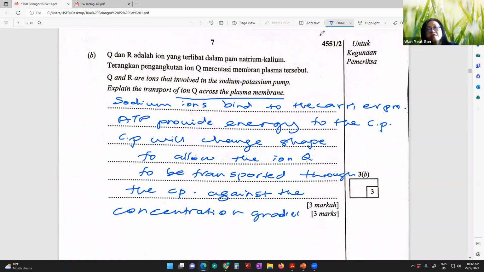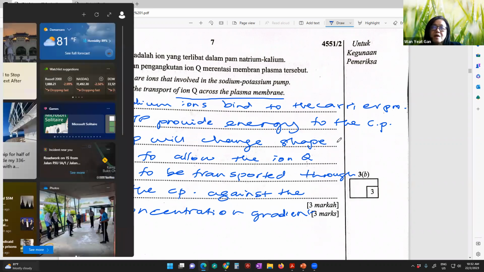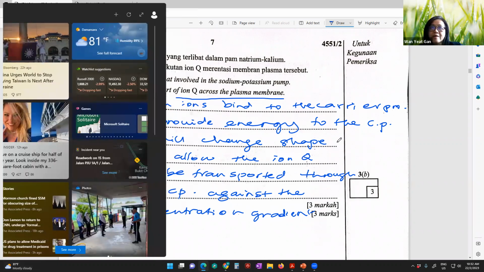Okay, so you can see here, they want 3 marks. The points here are more than 3 marks actually. There are at least 5 marks here, but it's always good to give more than what is required.